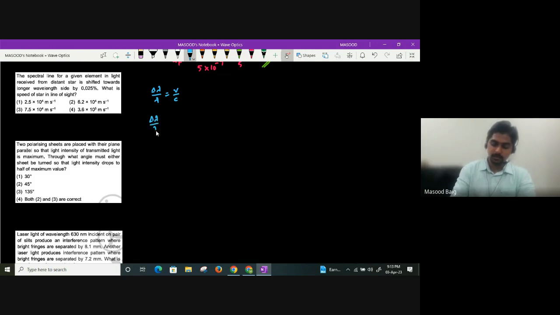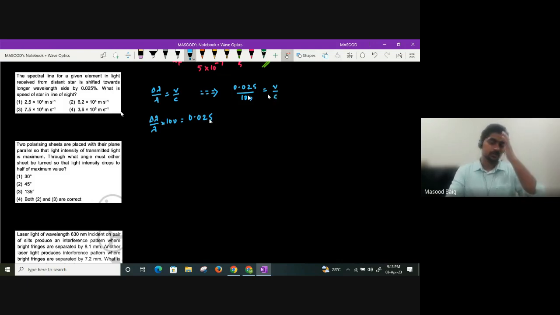It is given delta lambda by lambda into 100, this percentage, is 0.025. So I can write delta lambda by lambda as 0.025 divided by 100, which should be equal to V divided by C. We can also take it as 25 by 1000, which can be written as 25 into 10 power minus 3.